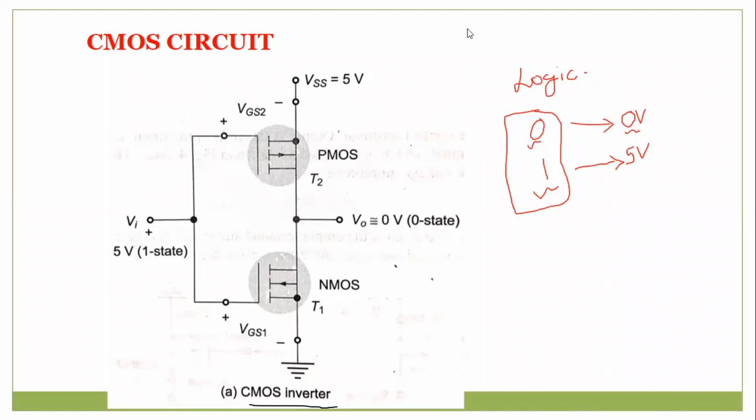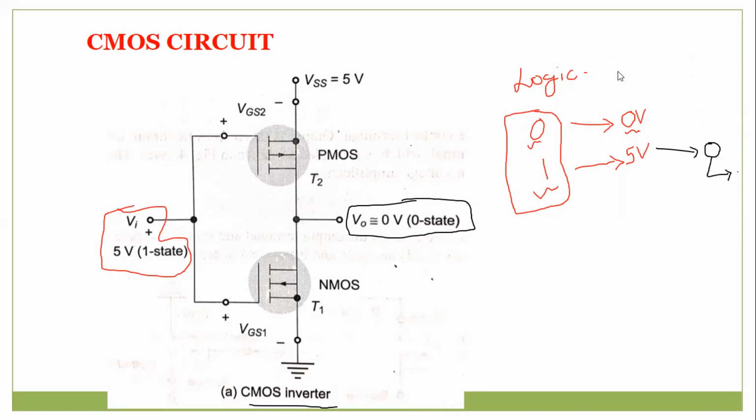Now, I would like to explain how this circuit will work. First condition, I am providing 5 volt. When you provide 5 volt positive supply at the input, my expected result is 0 volt, logic 0, at the output terminal. Now how do we get 0 volts?